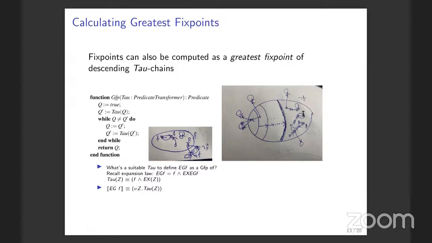Certainly every state in this satisfies F and EX of F, and so do all the states on this tail which lead to this thing. So every state on which F and EX of F repeatedly hold will eventually lead to something in which F holds, because it ends up in an SCC.